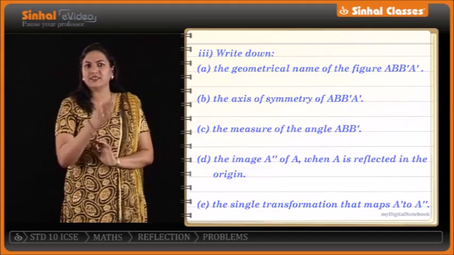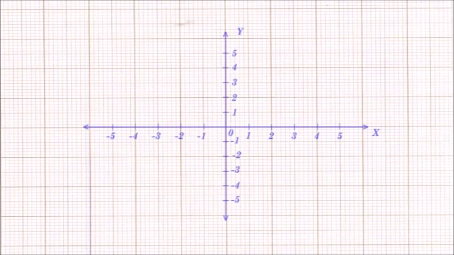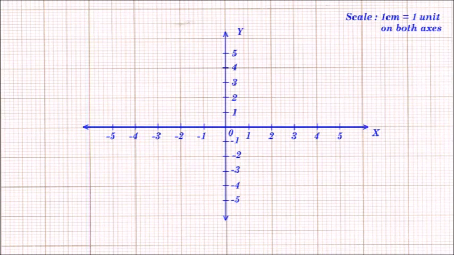Now in this case, we will first take the graph sheet, draw the x-axis and the y-axis. Now we are given the coordinates of the points A and B. Let's mark them on the graph sheet. A with coordinates (3, 2) and B with coordinates (5, 4). Mark them.